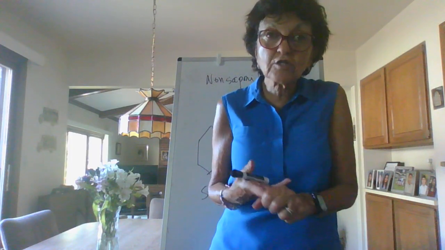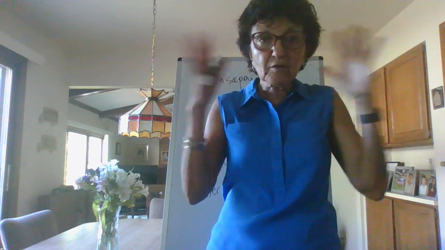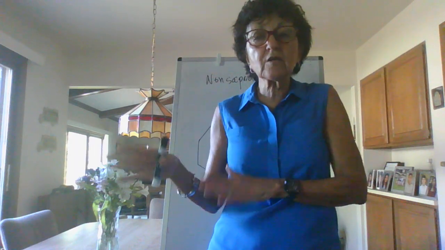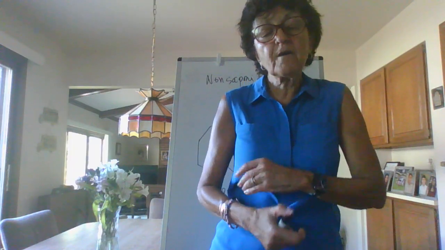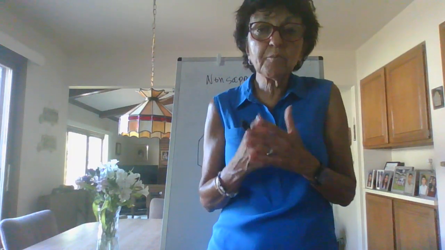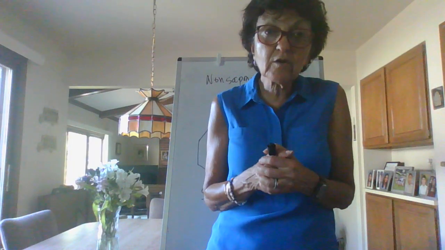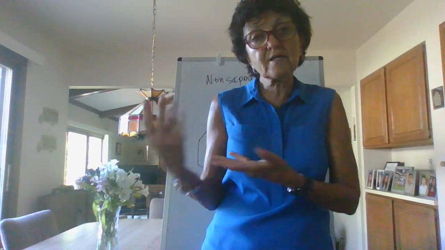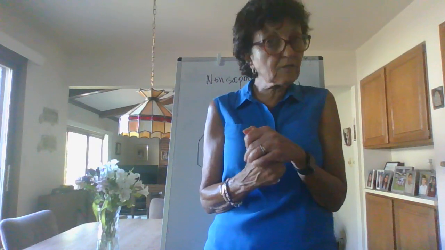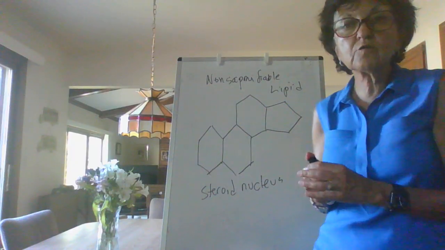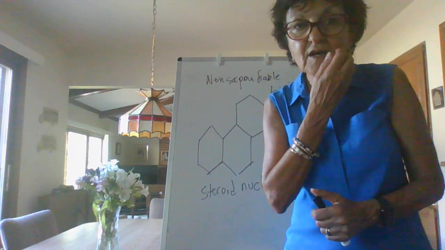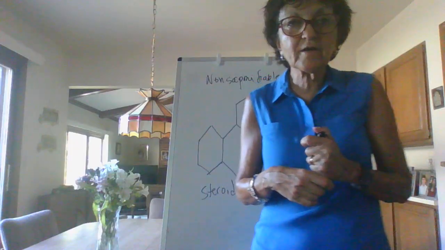So these are functions of cholesterol. A lot of people are absolutely terrified of cholesterol. They always tell you, you can't have high cholesterol. It's a risk factor for heart disease, et cetera. But cholesterol is a very important molecule in your body, and I just went through all of its uses. So structure-wise, recognize this nucleus as being part of the steroid category.